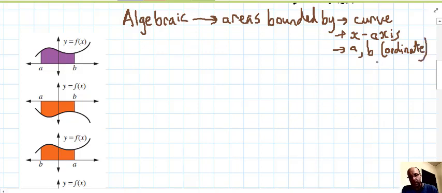So we have a curve like this one over here. We have an f of x, we have an x-axis, and we have an ordinate line on each side.